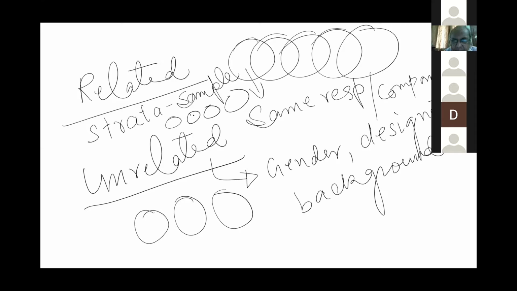It depends upon how we are processing. If you want to test, say, whether the mean from stratum 1 is equal to the mean of stratum 2, then yes, you can say they are unrelated.